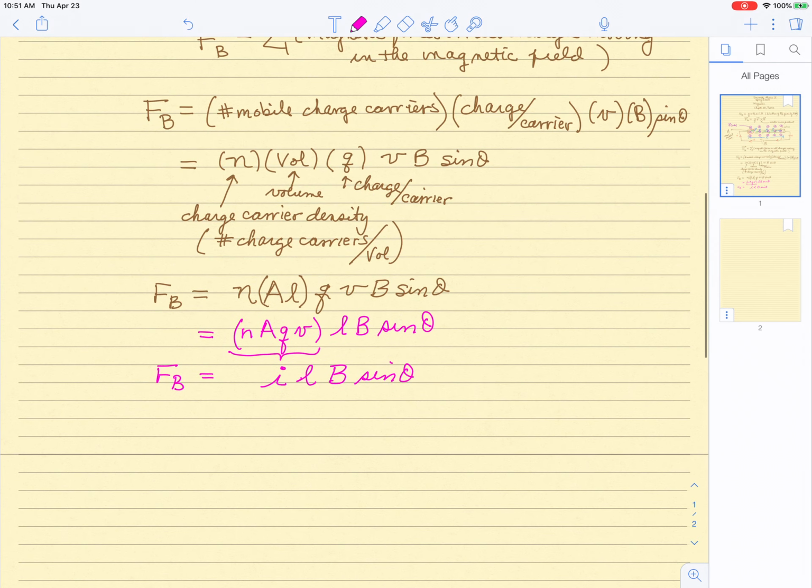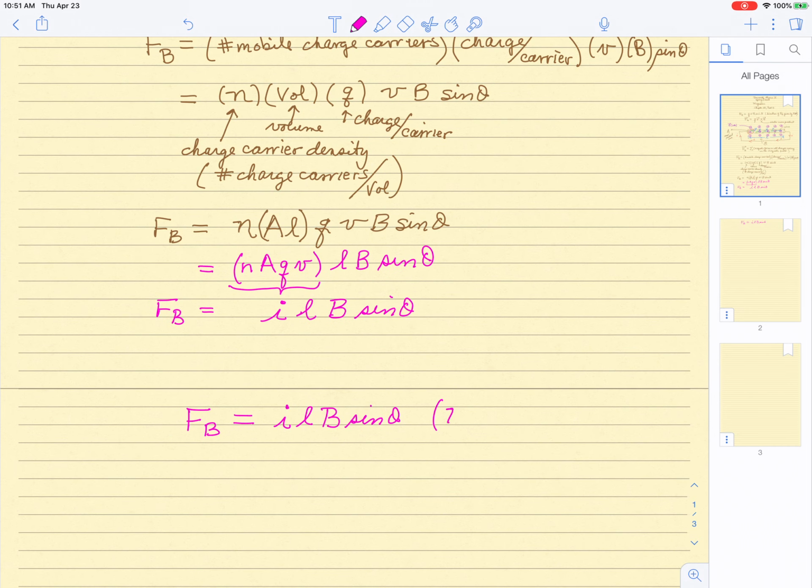So let's just rewrite that out. The magnetic force on a current carrying wire is going to be the current times L times B times the sine of theta. And this gives us now just the magnitude of the magnetic force.